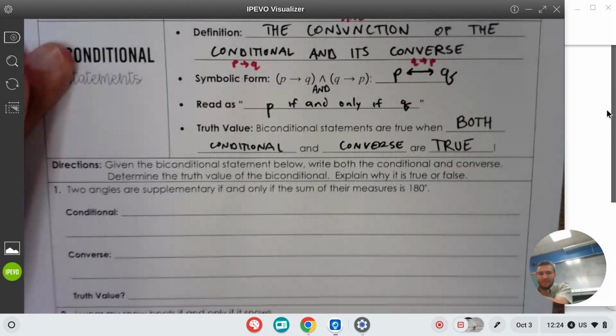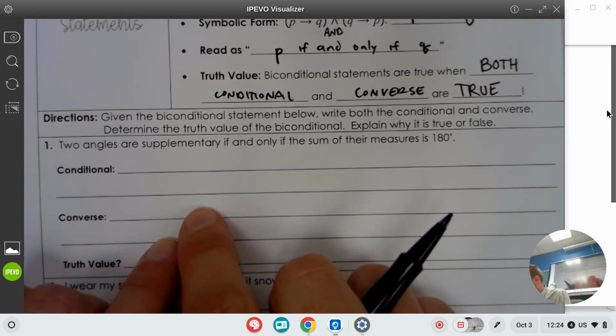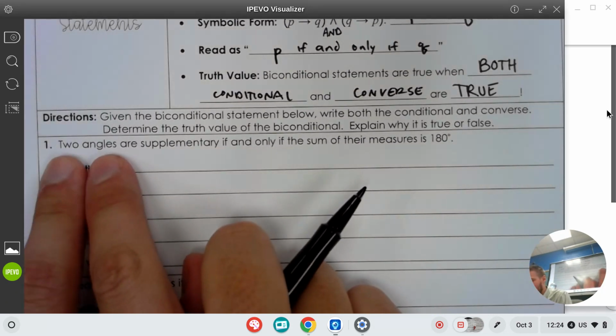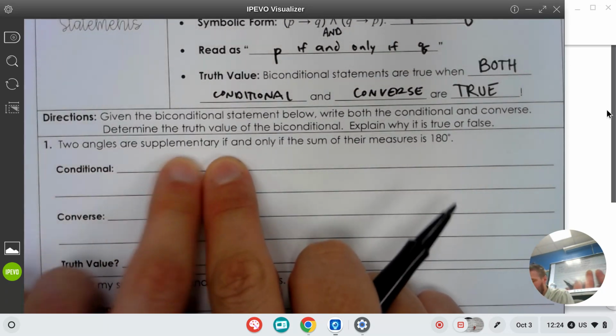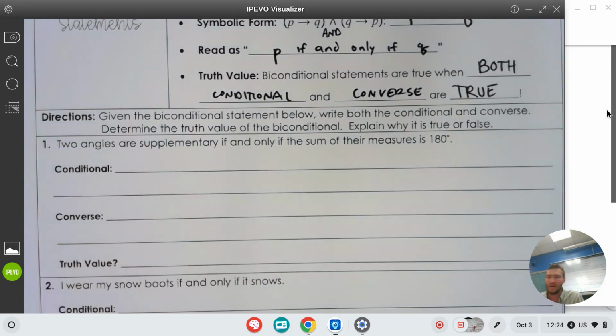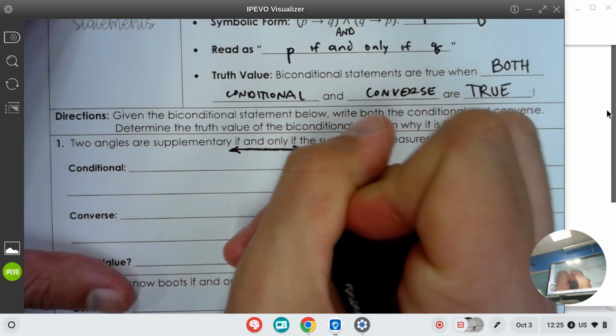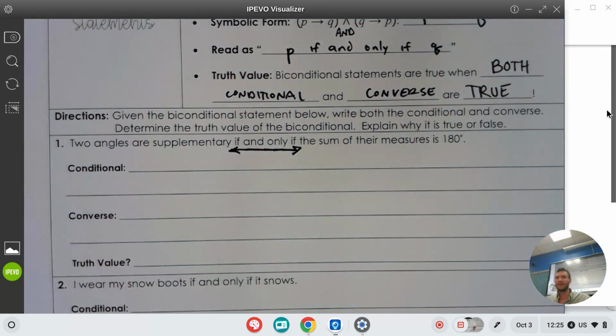Excellent. So let's see it happen. All right. Again, an easy way to think about it. It better be true forwards, and it better be true backwards. All right. It says, two angles are supplementary if and only if the sum of their measures is 180. This if and only if part literally is just the two-sided arrow. That means you better go both directions.